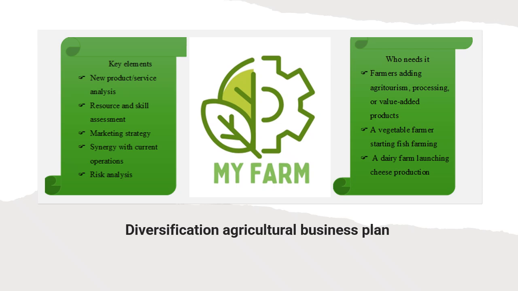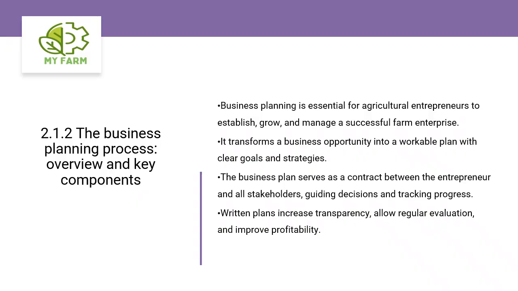Overall, a diversification agricultural business plan provides a clear roadmap for expanding operations, managing risks, and building a more resilient and profitable farm business. In this part, we'll learn about the business planning process, overview, and key components. Business planning is essential for agricultural entrepreneurs to establish, grow, and manage a successful farm enterprise.